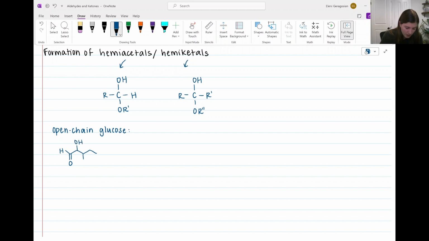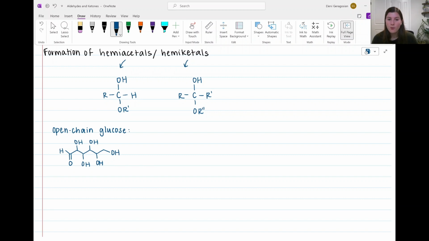It's a 6-carbon chain, just like how cyclic glucose is a 6-carbon ring. Bunch of alcohol groups bonded to each carbon, and there is an aldehyde as well.